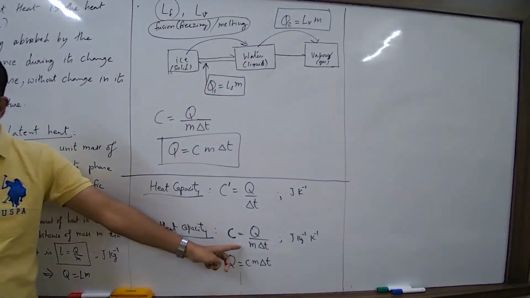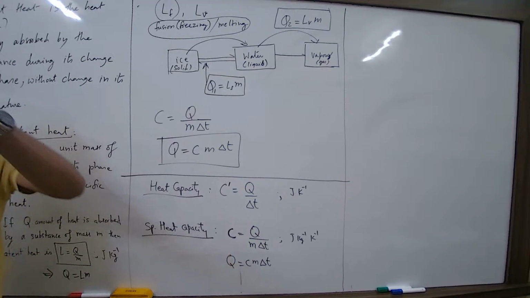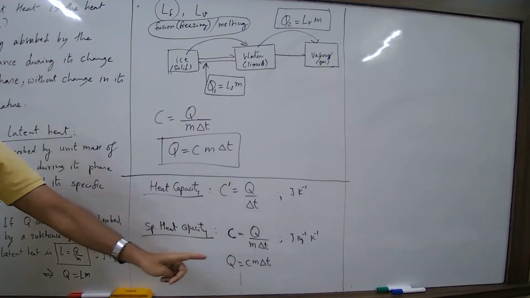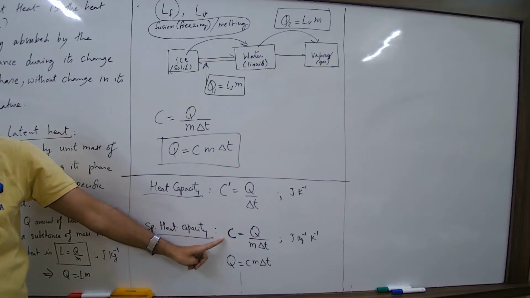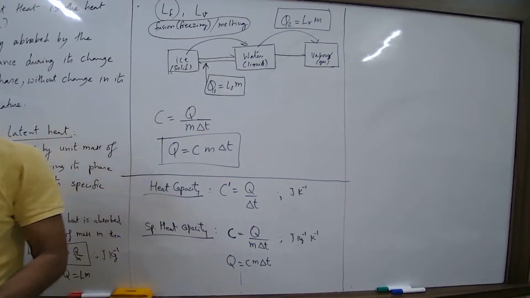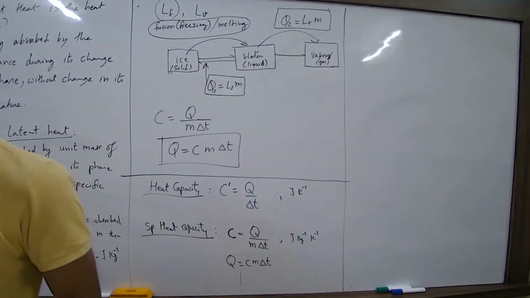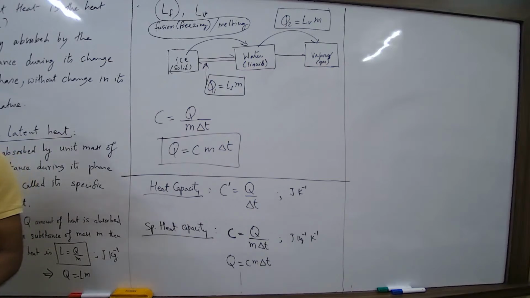Because it is always for unit mass of the substance. Just like specific resistance is always for unit length and unit area of cross section. है ना? उसका dimension कुछ भी होने दो. So once I have defined the specific heat for a substance, it is always constant for that substance. So जो भी constant होता है उसका हमारे पास table होता है ना?